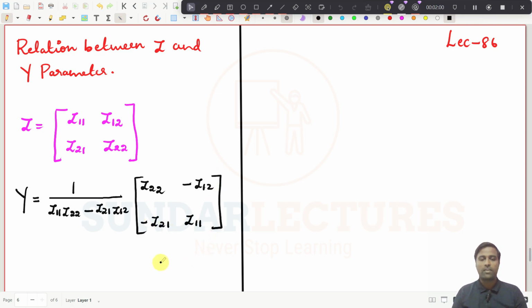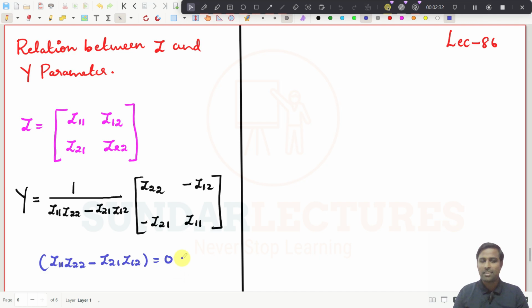So this is the procedure to take the inverse of a matrix. For example, if in case this value, Z11 multiplication of Z22 minus Z21 multiplication of Z12, becomes 0, then what happens? 1 by 0 will make this infinity.